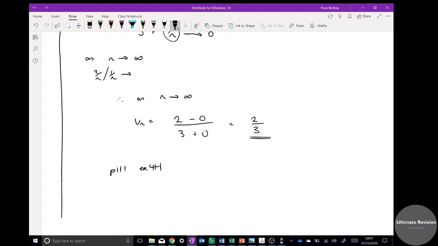Can you just do questions 6, 7, and 8? And then page 113, exercise 4I. Can you just do questions 5, 6, and 7? And then finally, page 114/115, exercise 4J, and you just do the evens. So question 2 to 8.